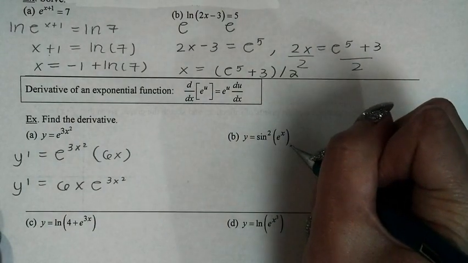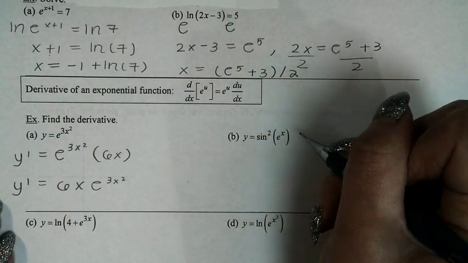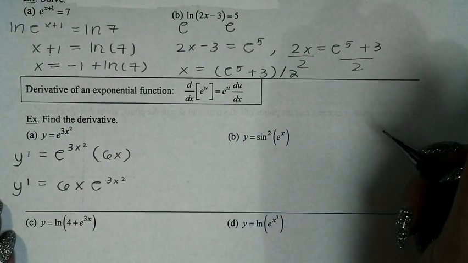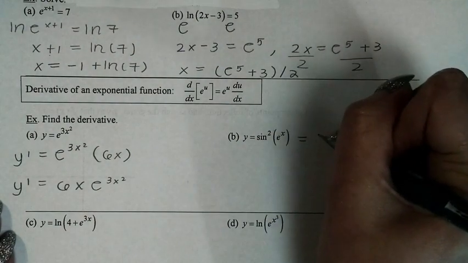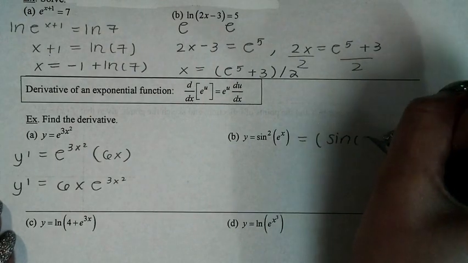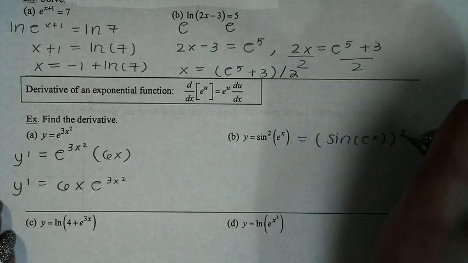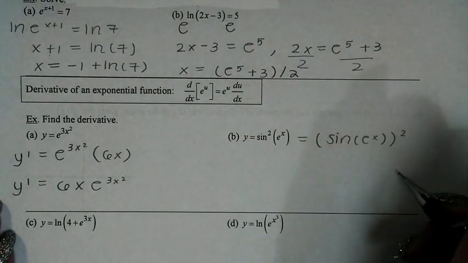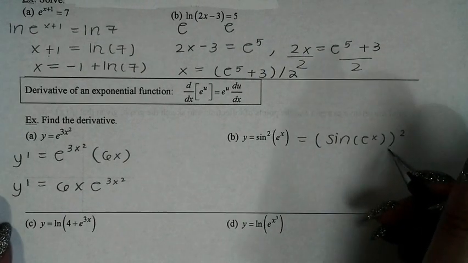So over here for part B, we have y equals sine squared of e to the power of x. You can also see this as sine of e to the x, everything to the power of 2. So here you can see that you are going to use the power rule and the chain rule.